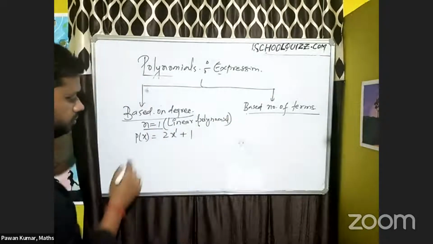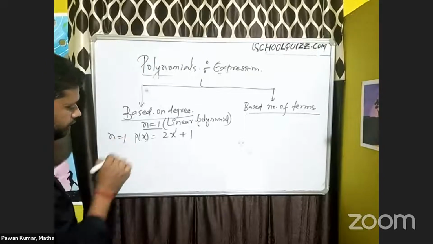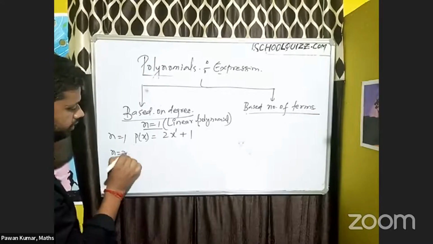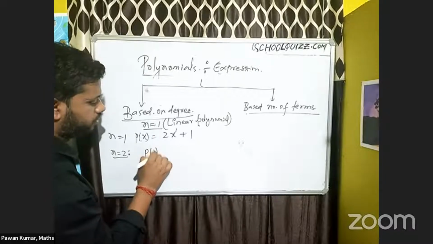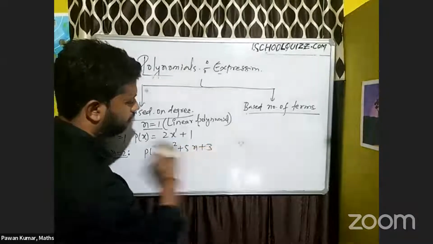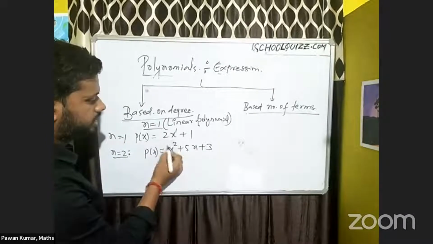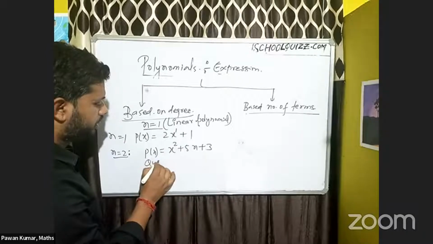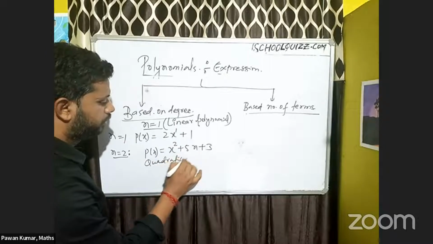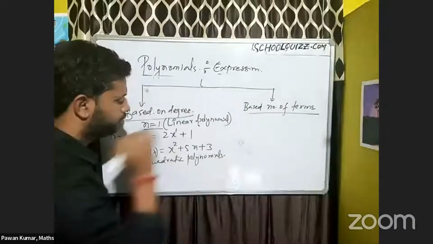Next, p of x when n equals 2, here I wrote n equals 1, here n equals 2, okay? So p of x will be like x square plus 5x plus 3. Here the highest degree will be 2, correct? We call it a quadratic polynomial.